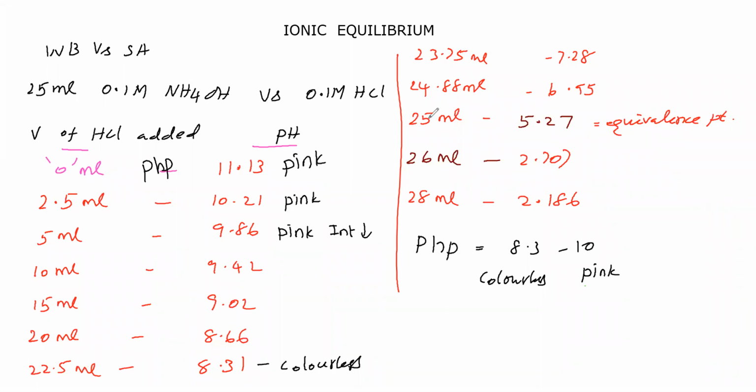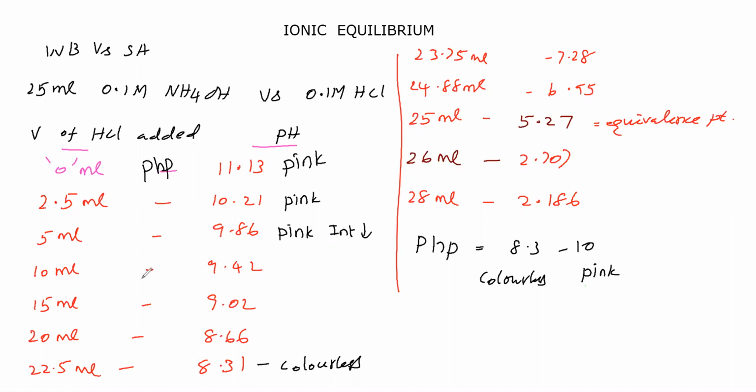The equivalence point is 25 ml. What is the difference? 2.5 ml. So can we use this indicator for finding the equivalence point? No. The indicator should give a color change at least near the equivalence point, with a difference of 0.1, 0.2 or 0.3 ml.